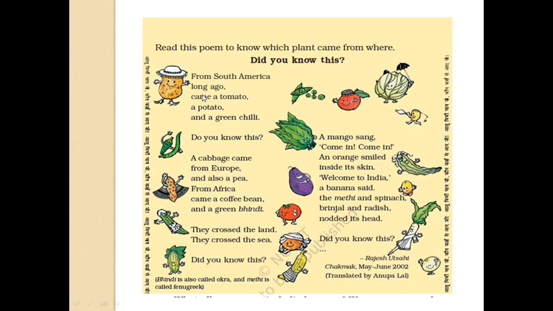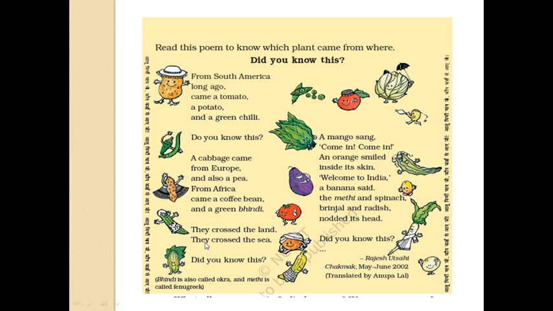From South America long ago came a tomato, a potato and green chili. From this poem you will learn which vegetables or fruits came from which countries. A cabbage came from Europe and also a pea. Now we are eating cabbage and pea, and they came from Europe. From Africa came a coffee bean and green bhindi, you know, lady's finger, that came from Africa.